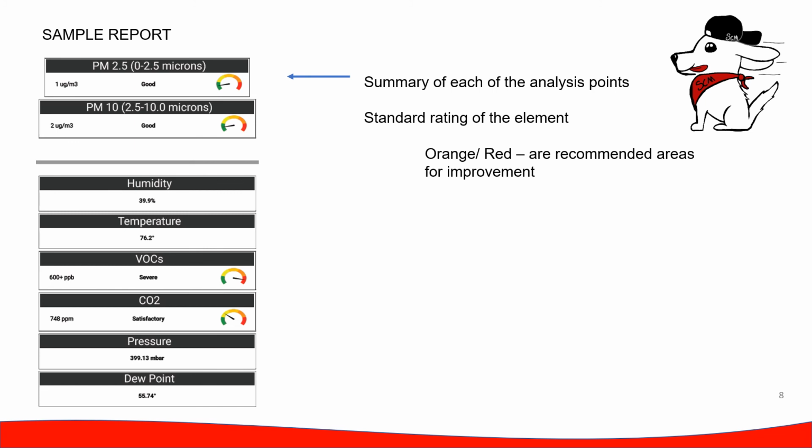Similar on the carbon dioxide, if this is up over 1,000, that's when cognitive impairment can come in. It affects different people in different ways, depending on how sensitive they are to that level in the air. That's something else that can be addressed with fresh air ventilation.